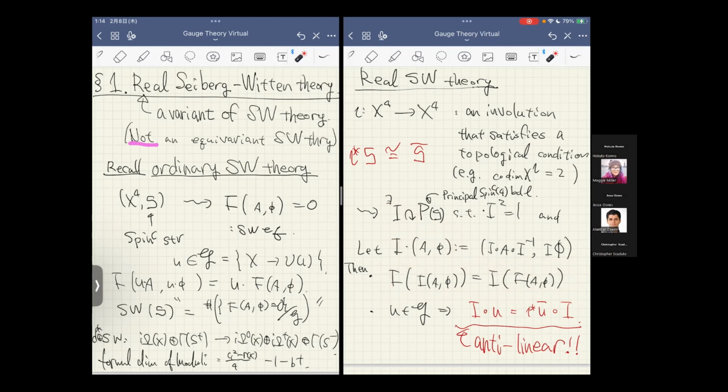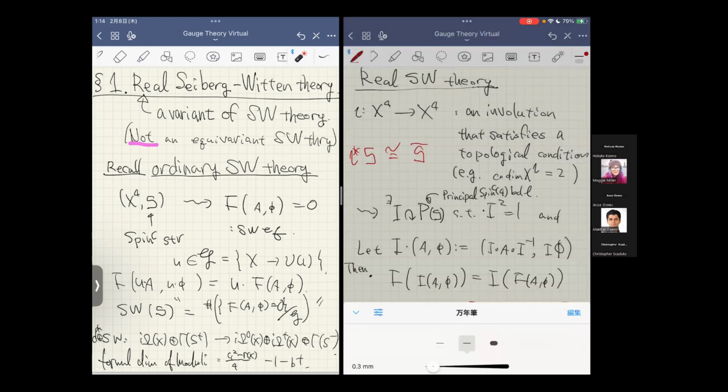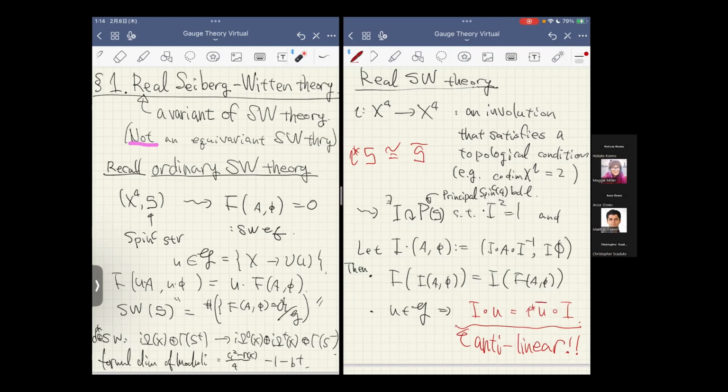And let U be a gauge transformation, then it satisfies this relation. If we consider equivariant Seiberg-Witten theory, then the lift of the group action satisfies this relation. However, in the real Seiberg-Witten theory, capital I reverses the U action.